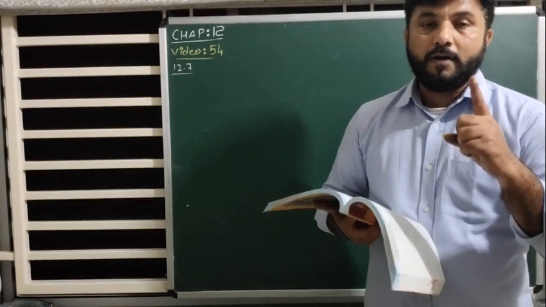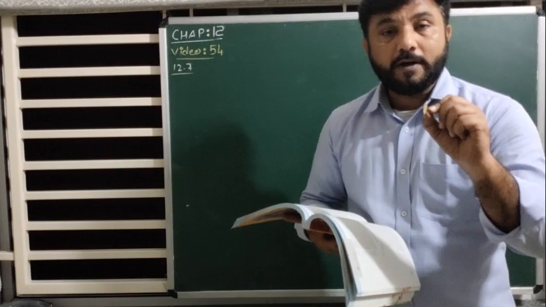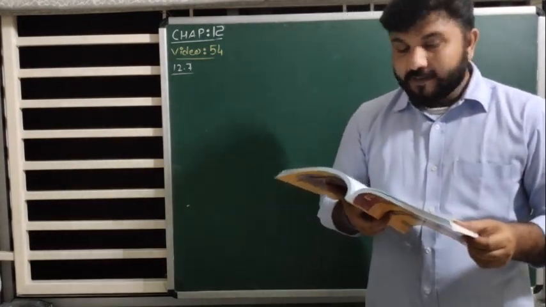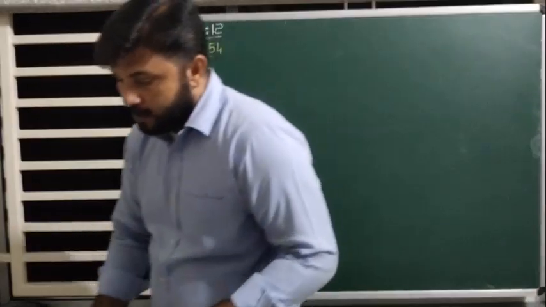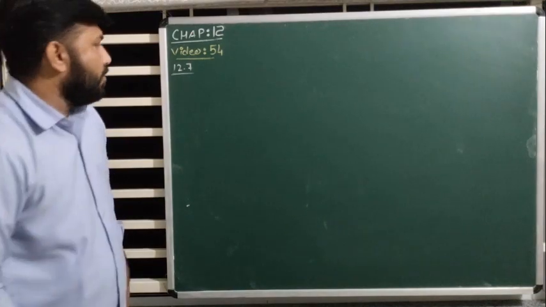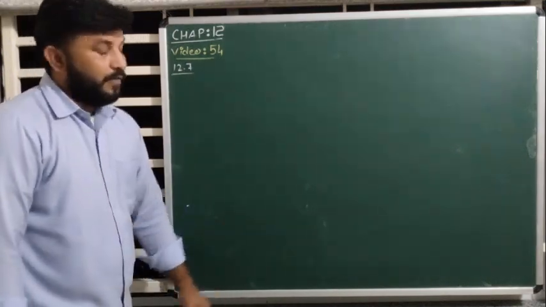Means n value 1, n value 2, n value 3 you have to put, to find the velocity. Then we will discuss section number B. So, first of all, what is given? Nothing is given. n is equal to 1, 2 and 3 are given, but we have to find the velocity.